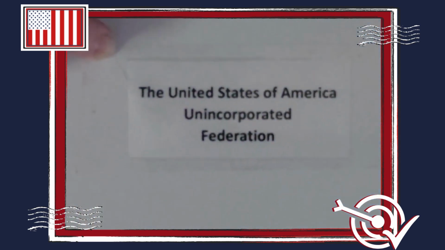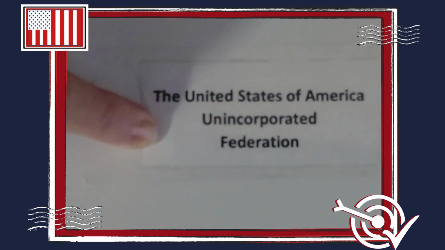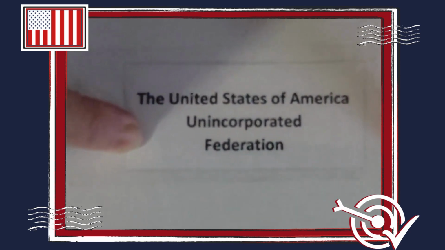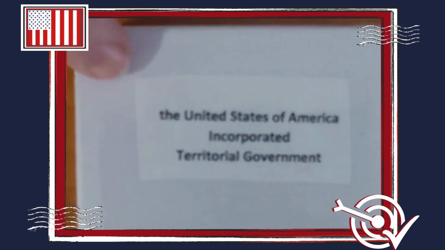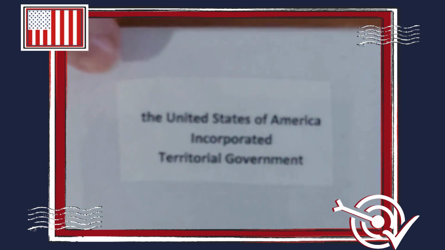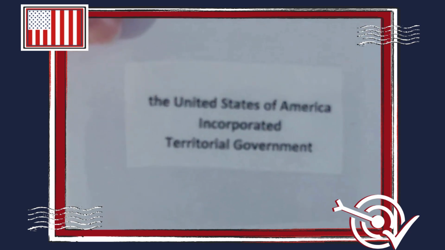Okay, and over here, you've got the United States of America Federation of States, States of the Union, that is. And down here, under an almost identical name, you have the British Territorial government operating under an almost identical name.